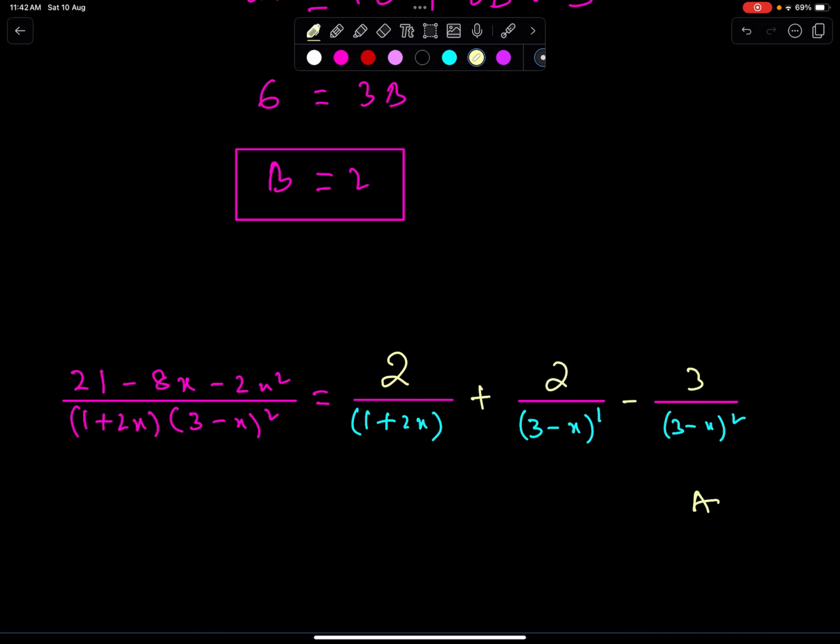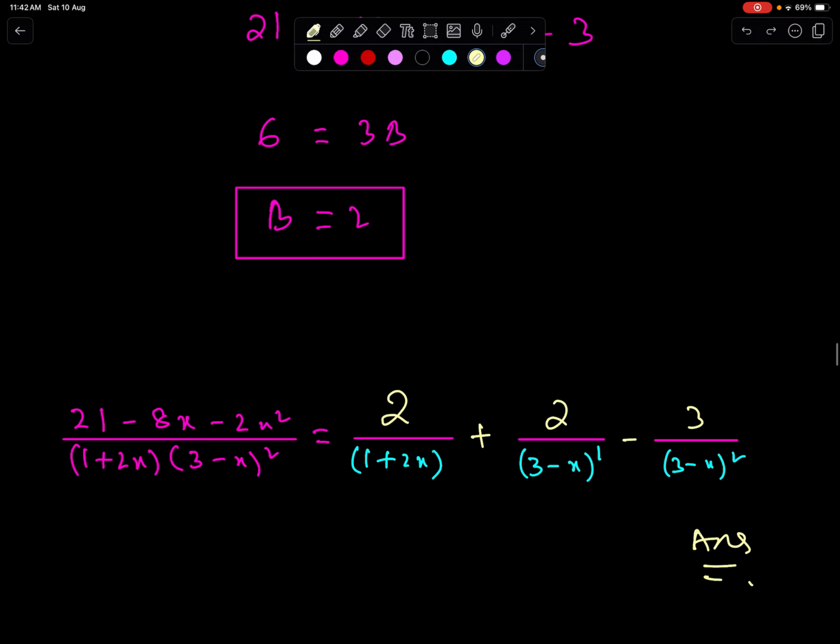This is the way to get partial fractions. Hope this lecture will help you to understand how to form partial fractions in proper fractions when factors are linear and repeated linear. I will discuss case 3, linear and quadratic factor of proper fraction, in my next lecture, inshallah. Good luck and Allah Hafiz.